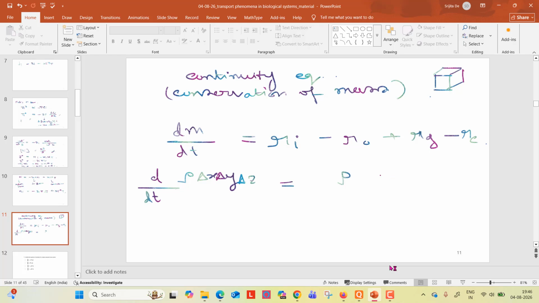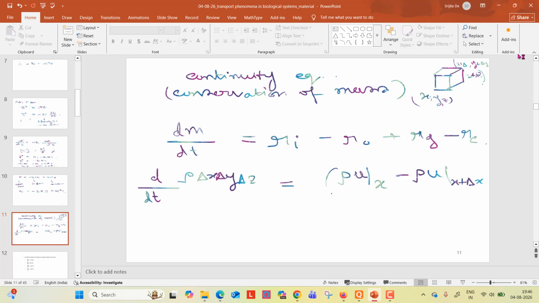So rho with the velocity u is going in, and rho with the velocity u is going out from the x plus delta x direction. Suppose this is the x, y and z direction. So this point will be x plus delta x, y plus delta y, z plus delta z direction, right?